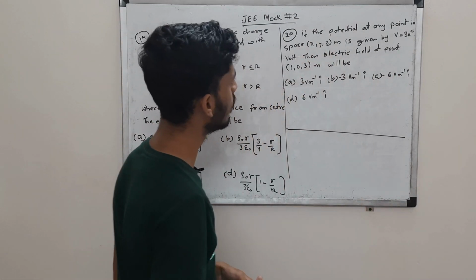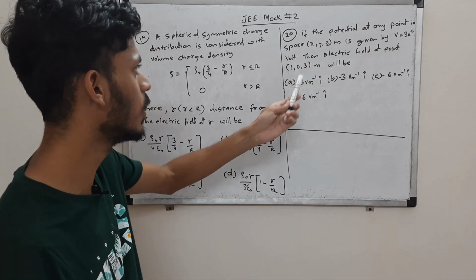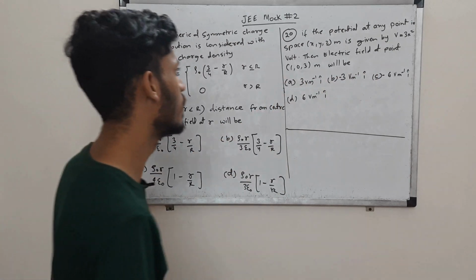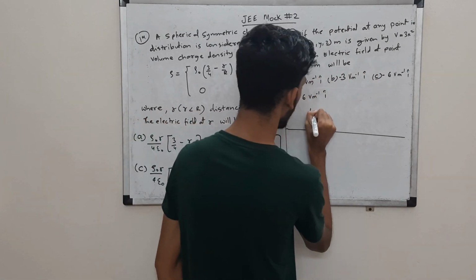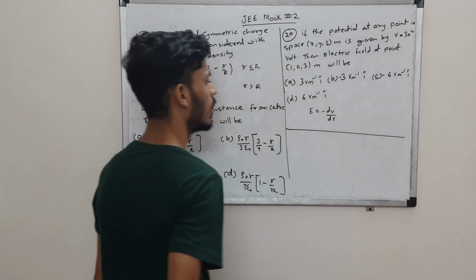So question 20: if the potential at any space is given by this equation, in volts, then the electric field at this point will be, it's very simple. You're just supposed to know the relationship between your potential and your electric field.